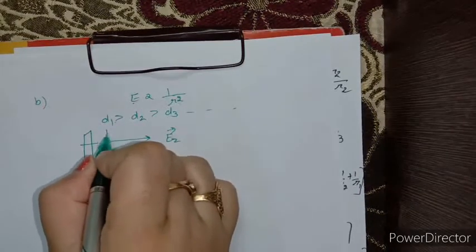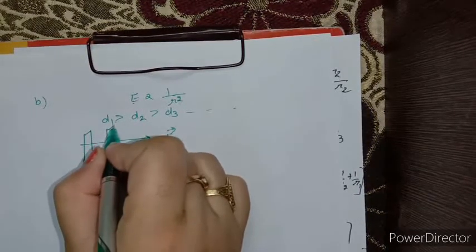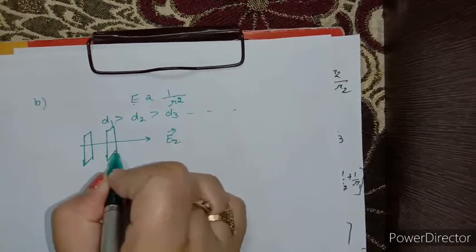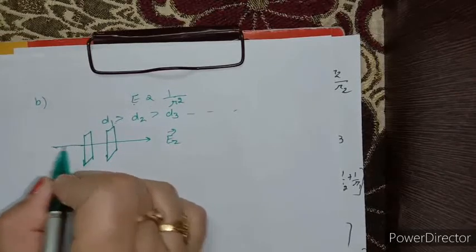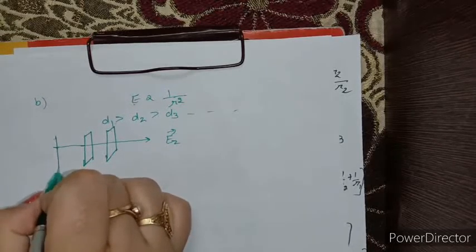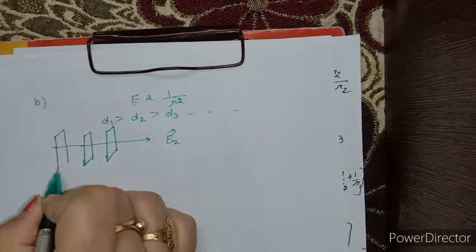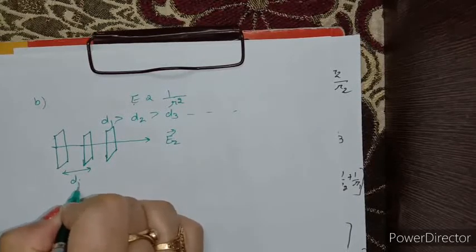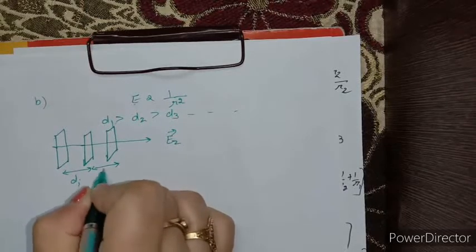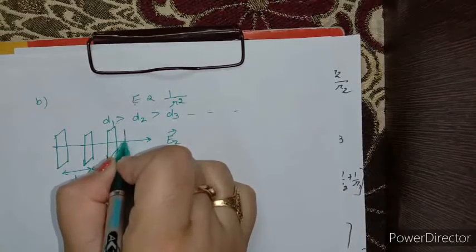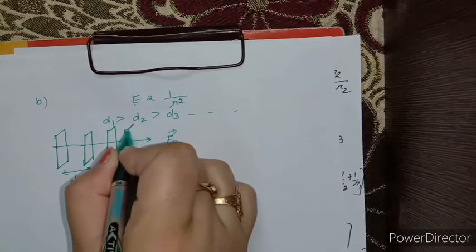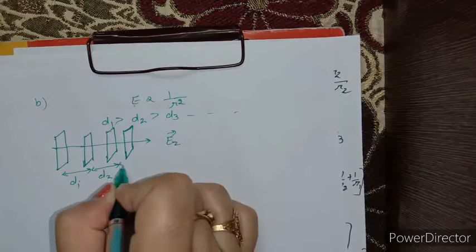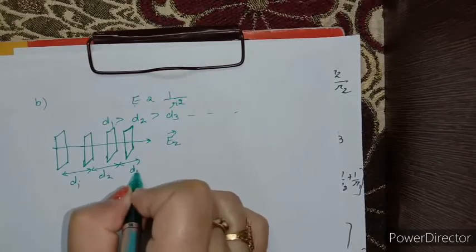So if we take, these are the equipotential surfaces. This is D1, this is D2, and this is D3.